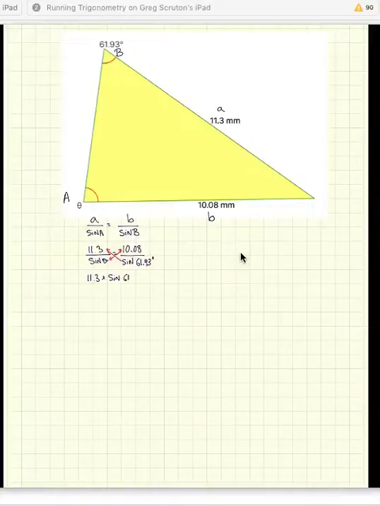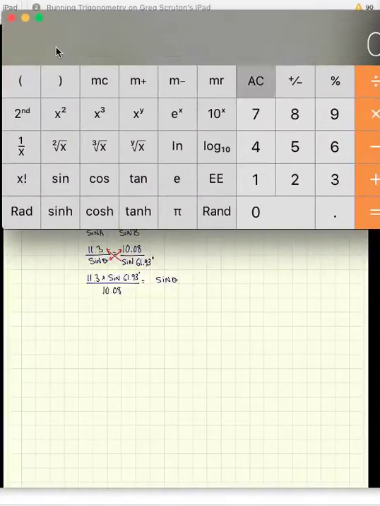The sine of 61.93 degrees, and divided by 10.08 is equal to the sine of theta. Alright, handy dandy calculator time. So we have 11.3 times 61.93.